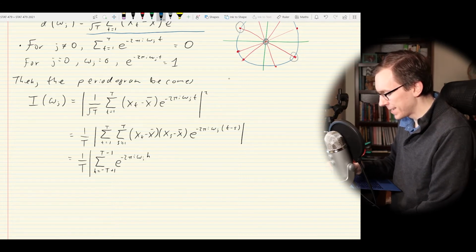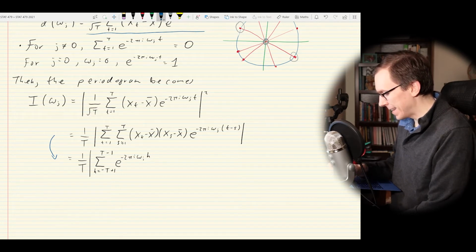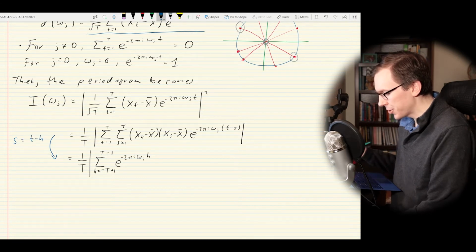When we go from the previous line to this line, we're going to replace, I guess we want s to become t minus h.